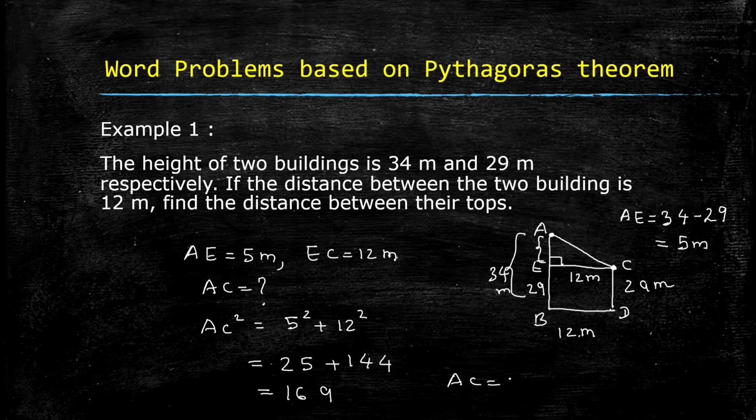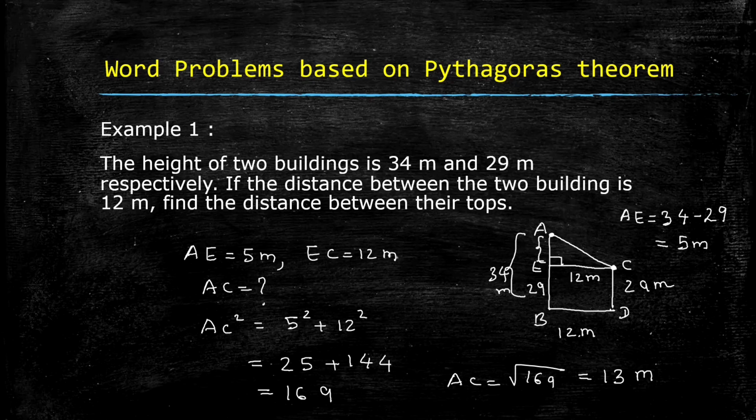AC is equal to square root of 169, which is equal to 13 meter. So we were able to find this particular distance between the tops of the two buildings, which is nothing but 13 meter, applying Pythagoras theorem.